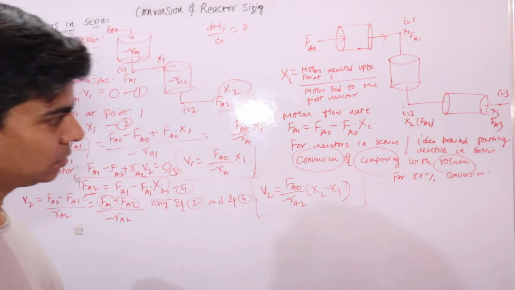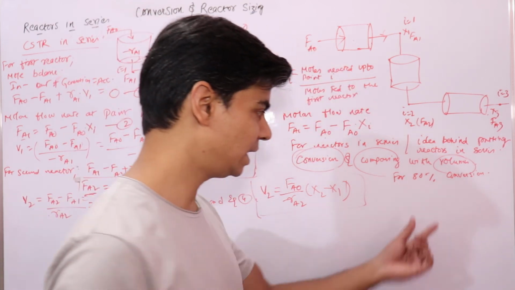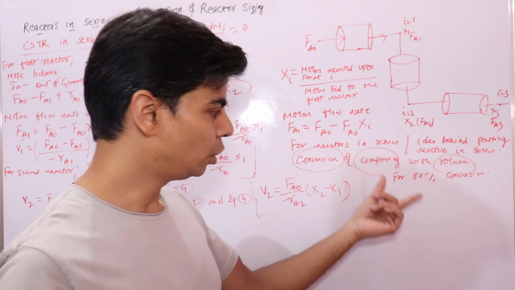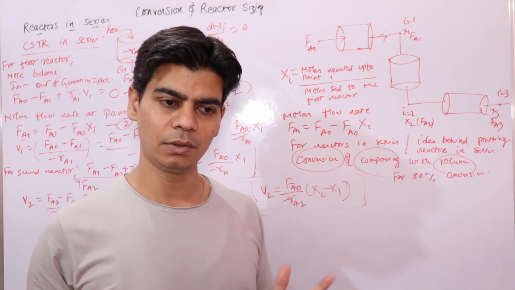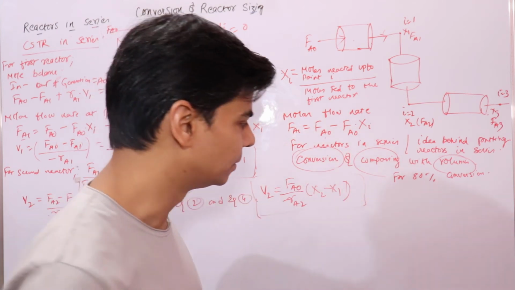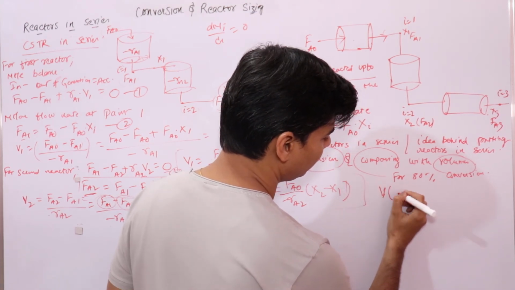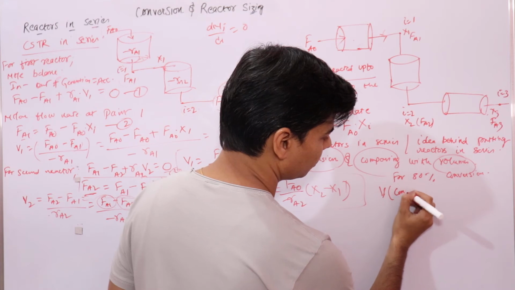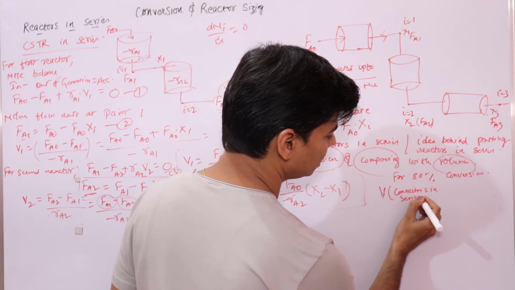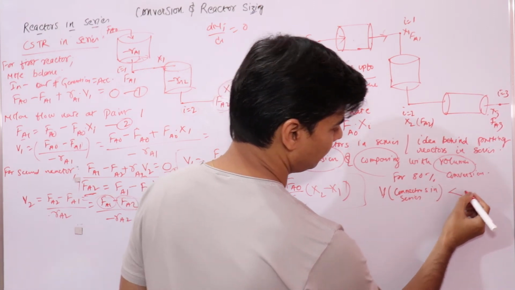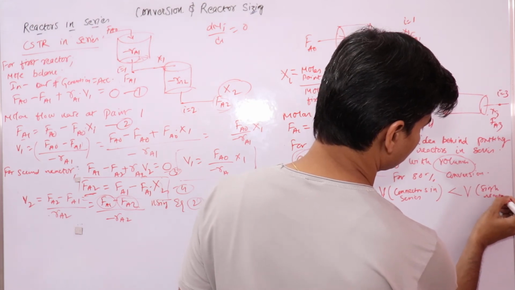We'll be doing the numerical in another video lecture, but here you just remember this. For the same conversion, the volume required when two reactors are combined in series is less compared to when a single reactor is taken, right? So the volume required for reactors in series would be less than the volume for a single reactor.